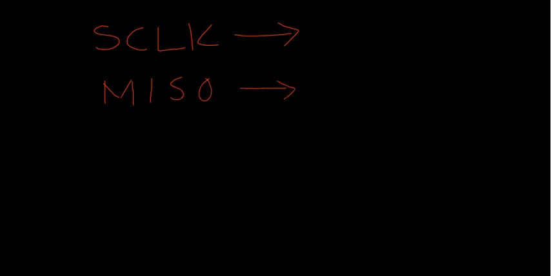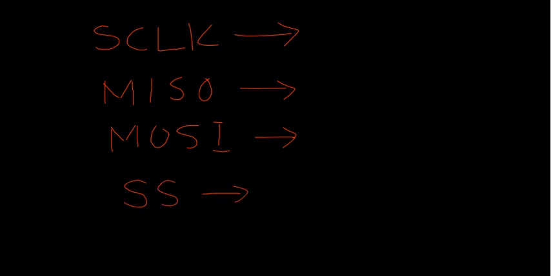One is called SCLK, that is the synchronous clock. Okay, second one is called MISO, that is called as master in slave out. This is one of the modes of operation. Then you have got MOSI, that is master out slave in, and the last one is called slave select. I am not going into much details of these technologies or the principle behind these things.